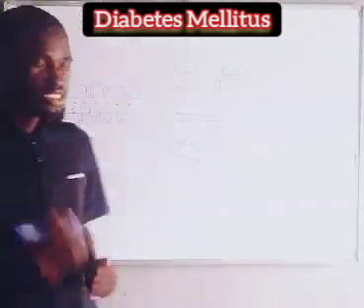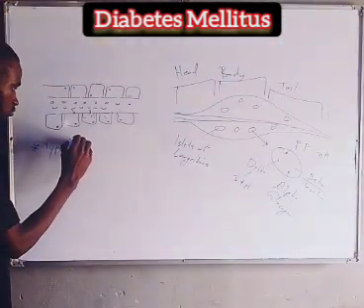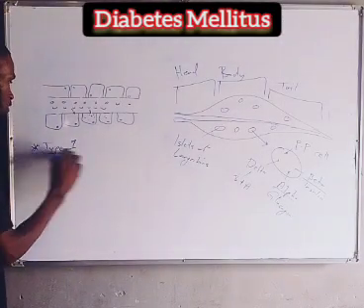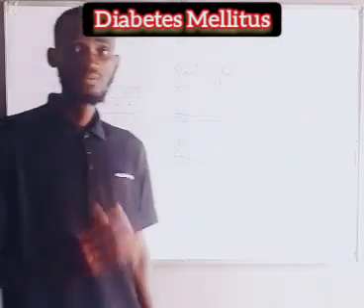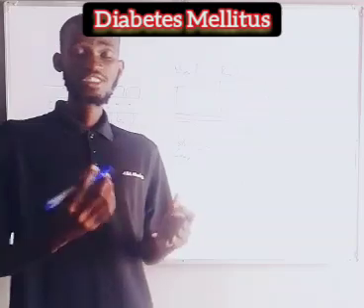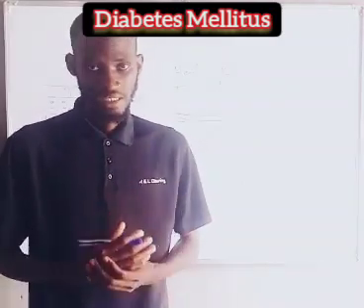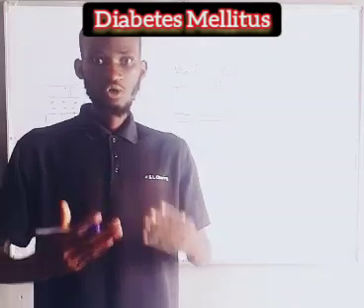The first type of diabetes is type 1 diabetes, sometimes known as insulin dependent diabetes mellitus. Why is it called that?